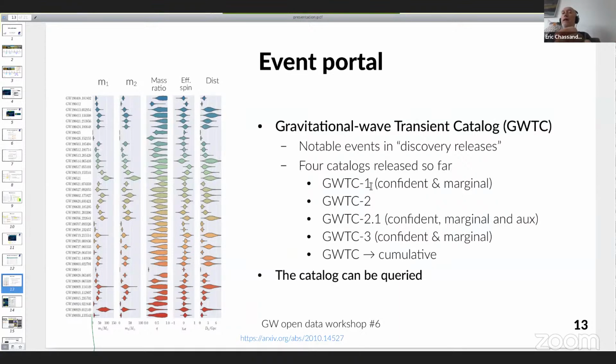Therefore we have a catalog that is a list of all confident detections we are making, and another catalog which collects all the marginal detections that we made. These appear in the list as GWTC-3 confident or GWTC-3 marginal.